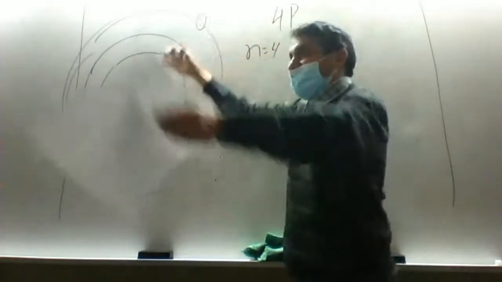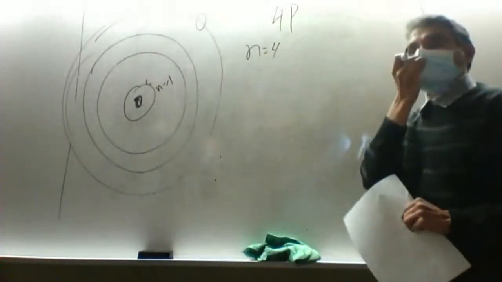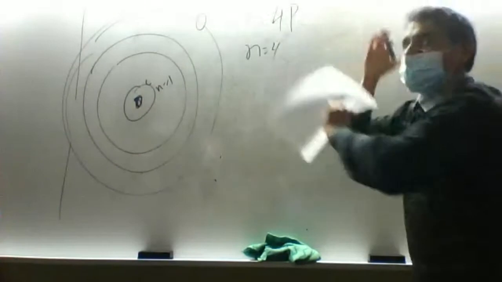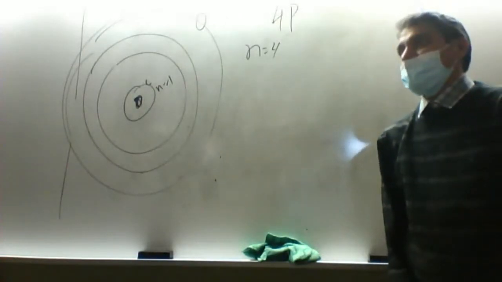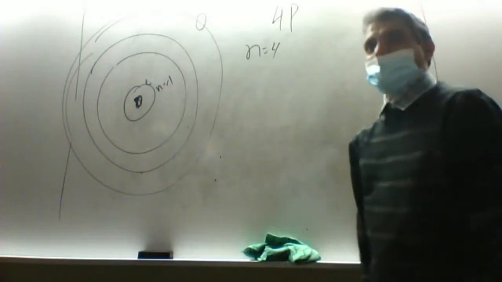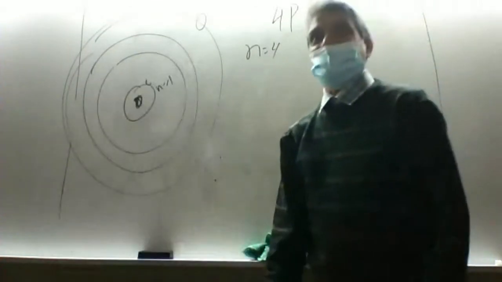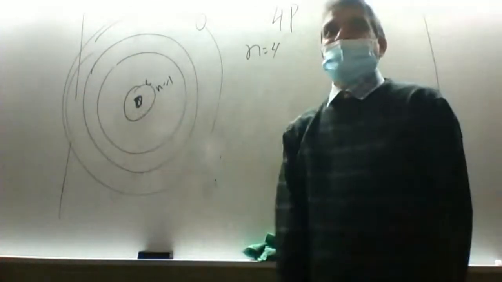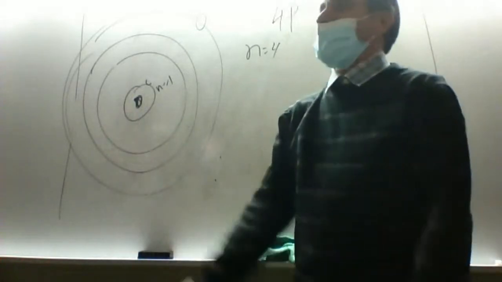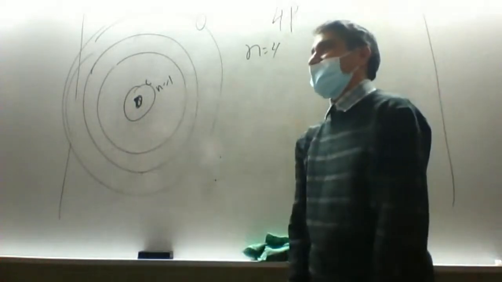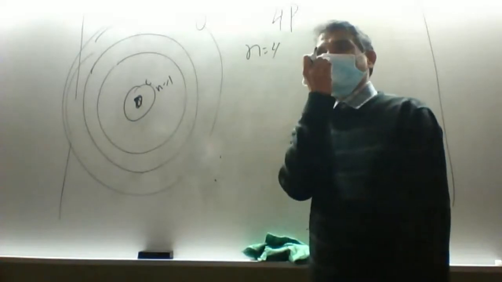Like there is a big house, the fourth house. The quantum number is just the electron's address where it is living. Just like I am in the United States, and then I live in Wisconsin, and then I come to Eau Claire, and then to the University of Wisconsin Eau Claire. It's just the address of the electron we are talking about.